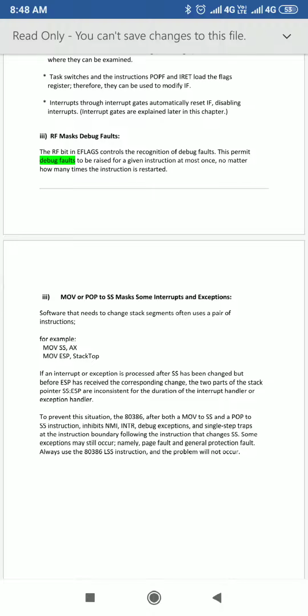Hence, to avoid this condition, after MOV SS, AX and POP SS instructions, the 80386DX prevents the INTR, NMI, and single step trap debug instructions.